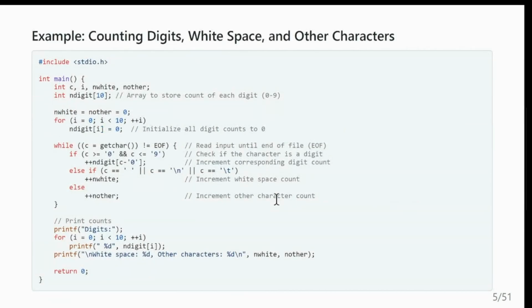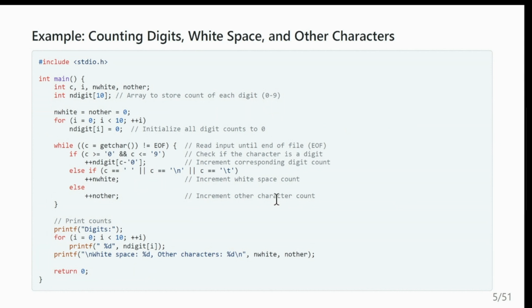Last time we had an example where we counted certain symbols or tabs or that kind of thing. This time we also want to count digits. In this particular case, it's more efficient to use an array to store the frequency of the numbers, because we have an array of 10.